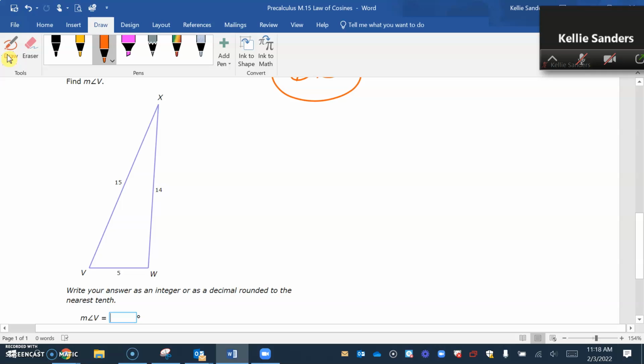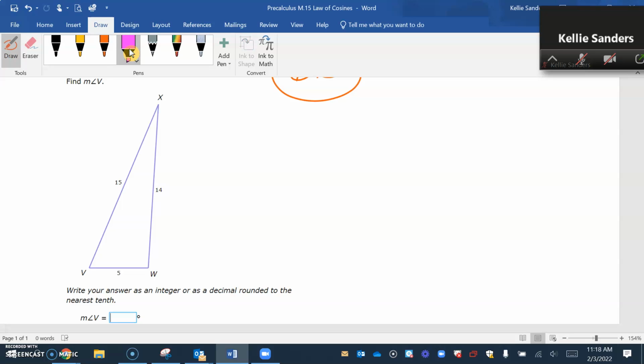Okay, V. So on this one, here is angle V. The side that's opposite angle V is 14. So those are the numbers that go on the ends, and 15 and 5 are the ones that are going to go inside.